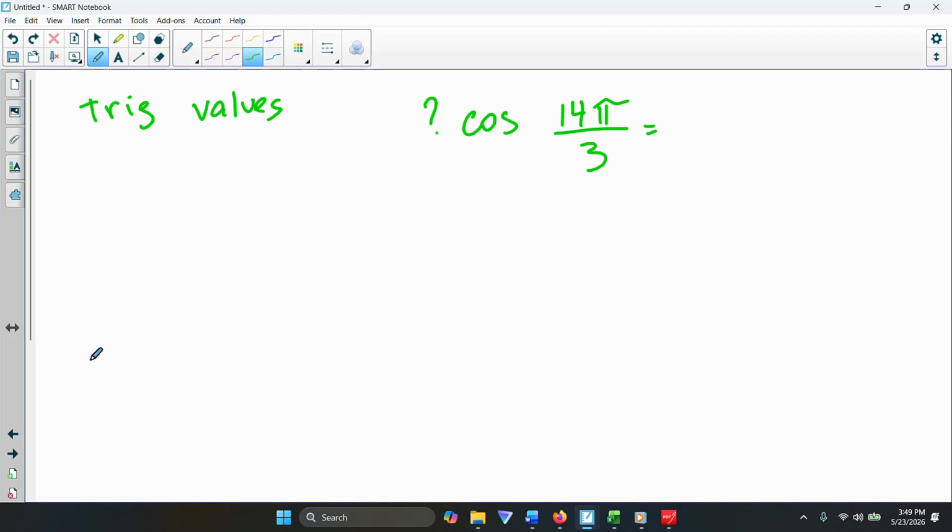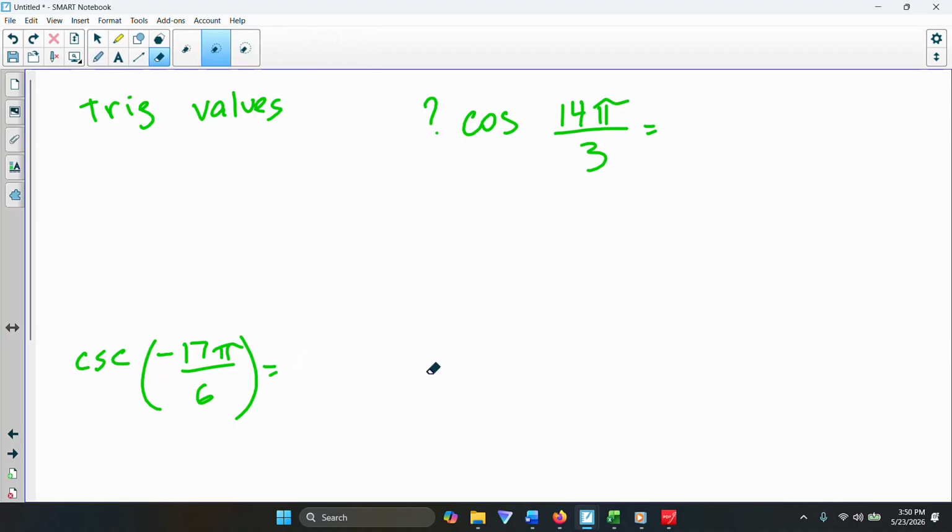While I'm at it, let me come up with something else. So let's say what if I want cosecant of, I don't know, let's say negative 17 pi over 6? Question mark. And you could pause it, try to do this on your own, and we'll do that in a second.